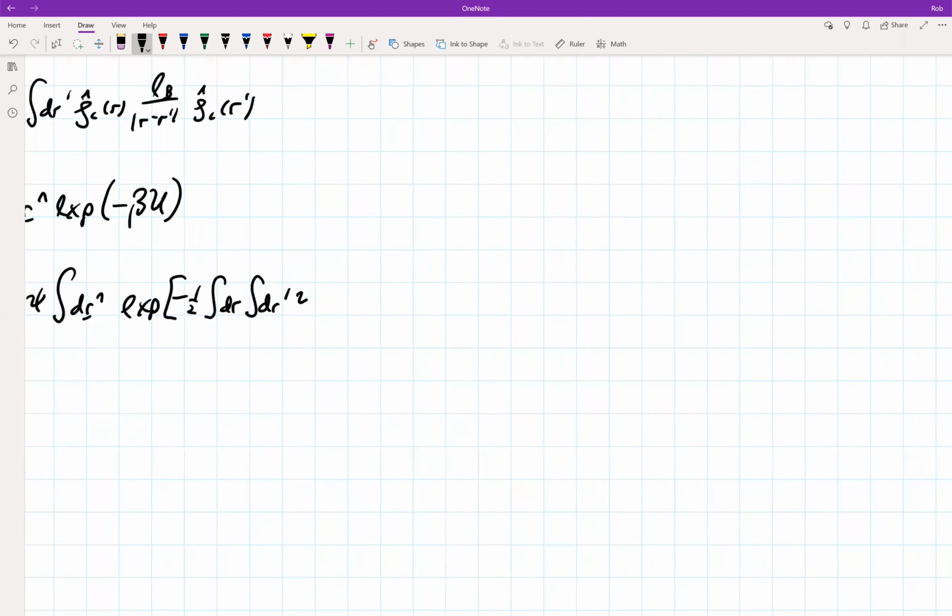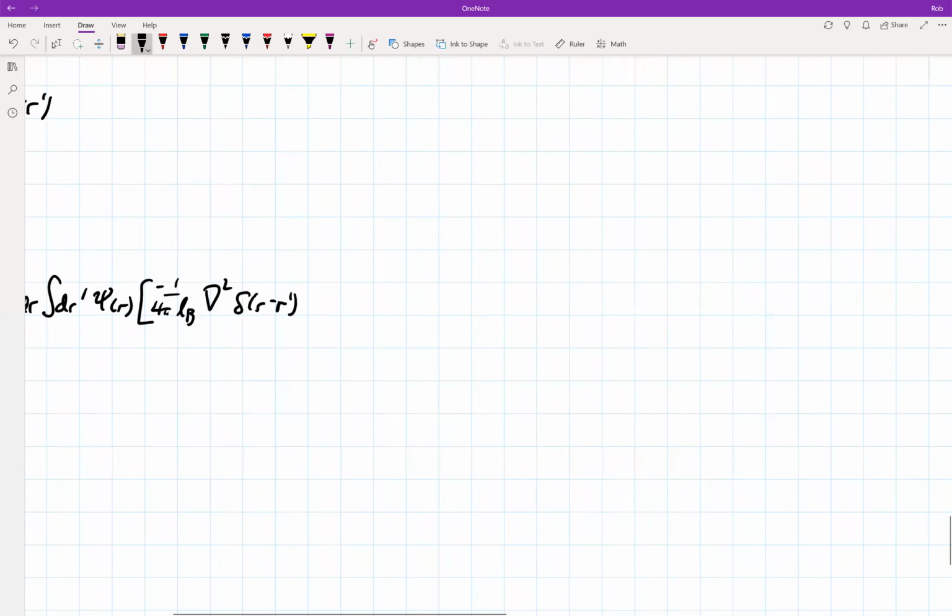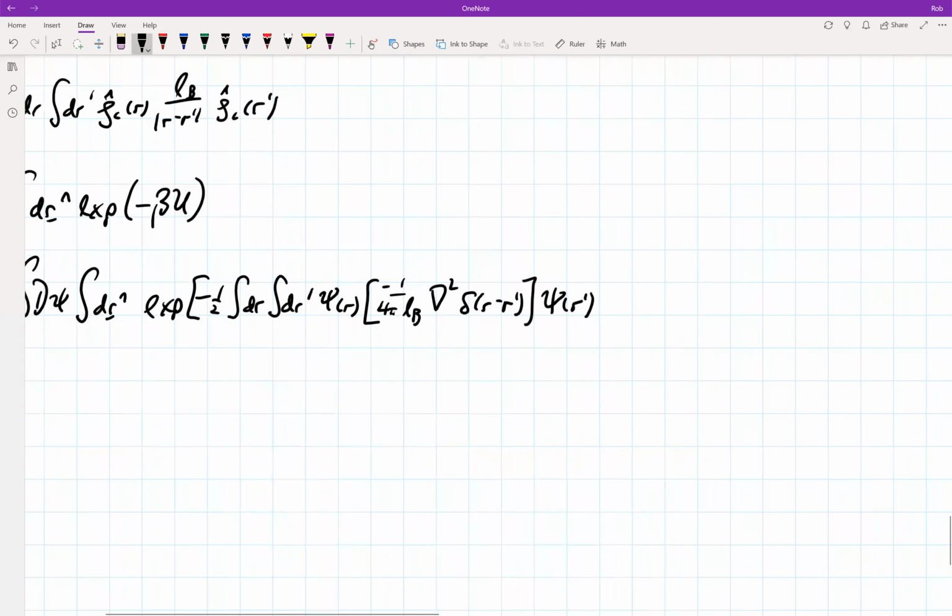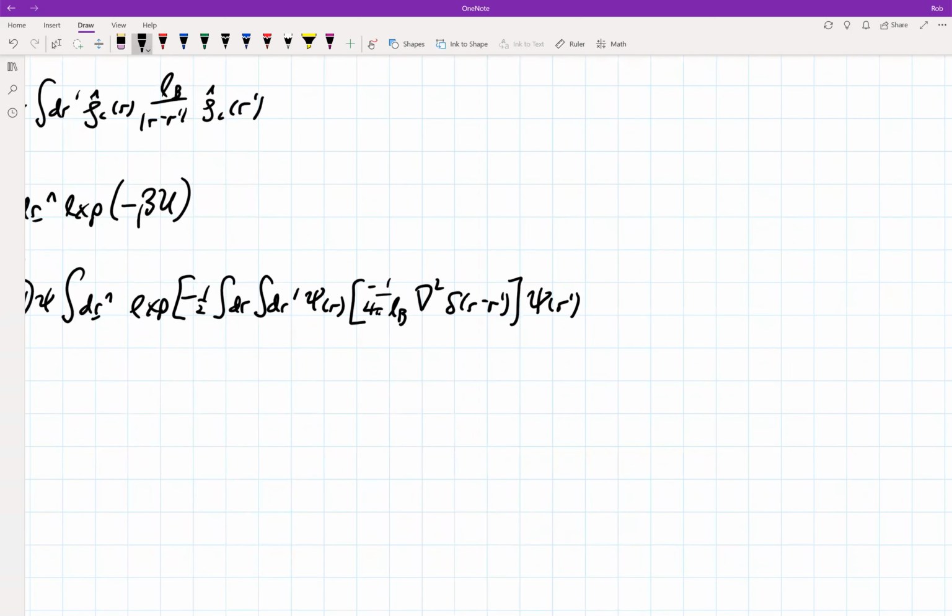We have our field at r, multiplied by the functional inverse of our potential, so minus 1/4 pi Bjerrum length grad squared delta of r minus r prime, and then multiplied by psi of r prime. Right, so all we did is plug in the functional inverse where we normally had our u to the -1. And we'll talk through evaluating that thing momentarily.